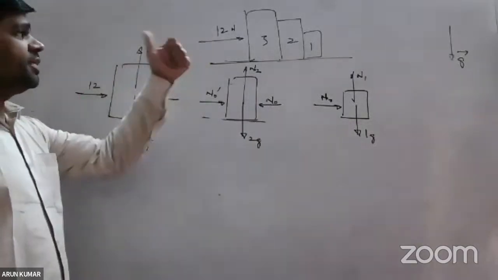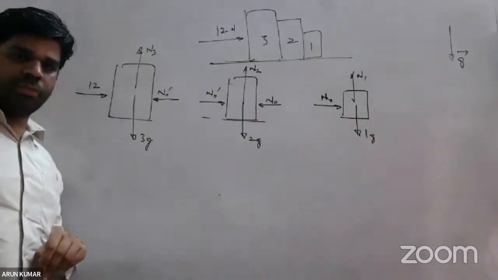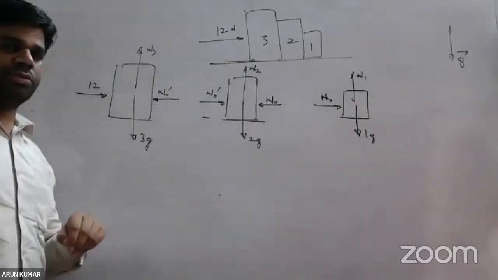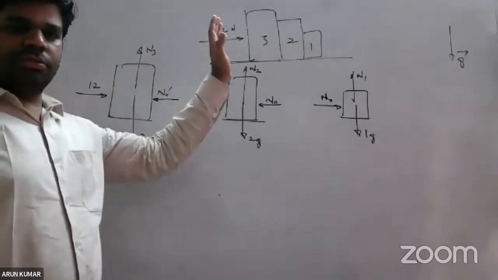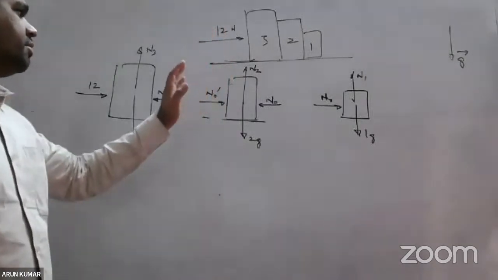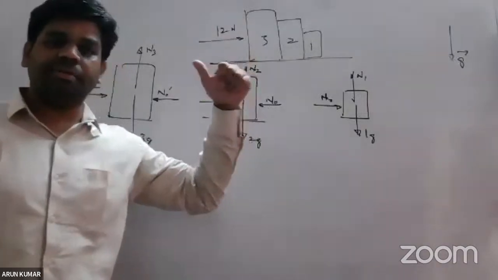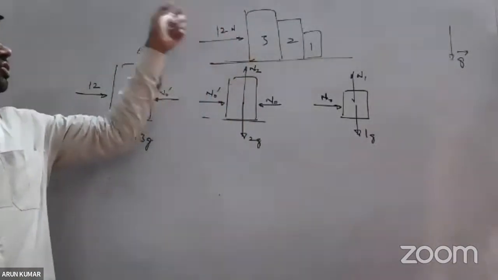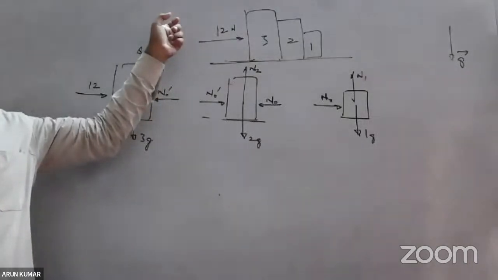Where is the reaction of this 12 Newton? On the third block? No. If someone is pushing with 12 Newton, that person will be pushed back by 12 Newton. So its reaction is on the cause.